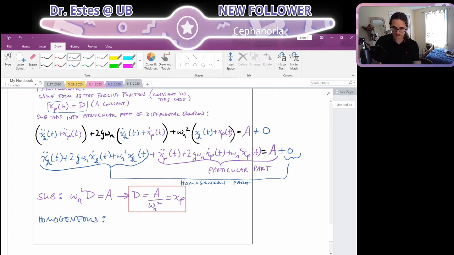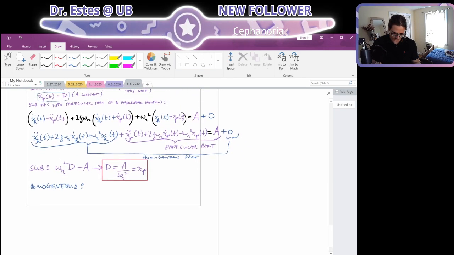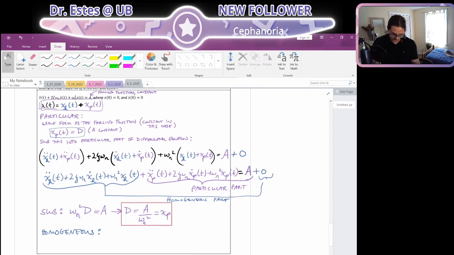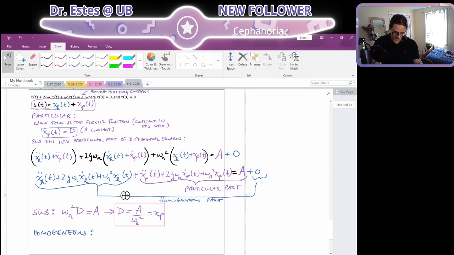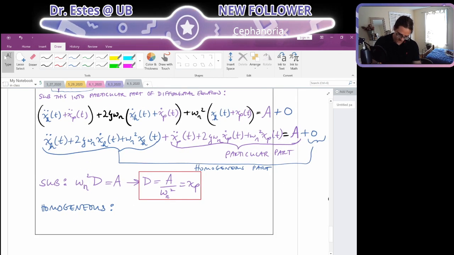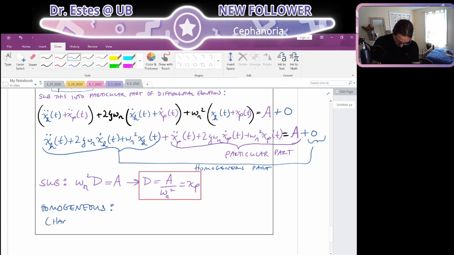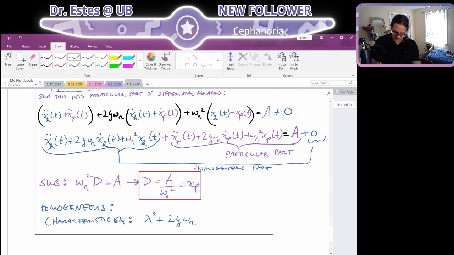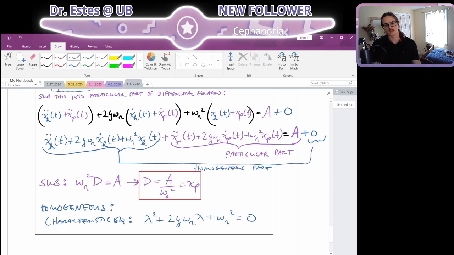Let's do the homogeneous. So the first step is get the characteristic equation. I'm going to skip some steps. That's what you're going to get.